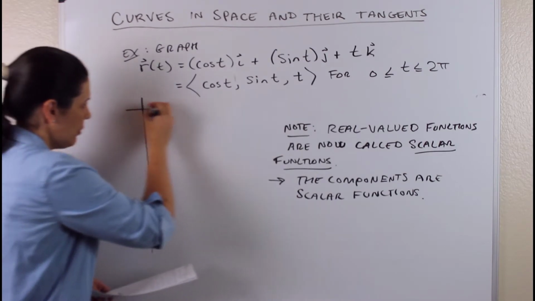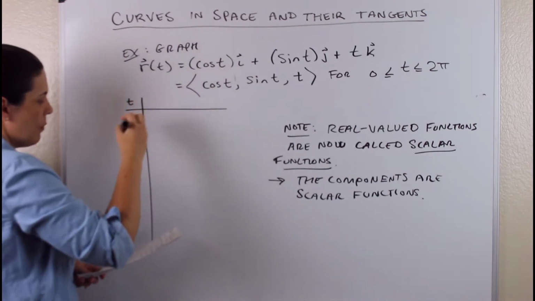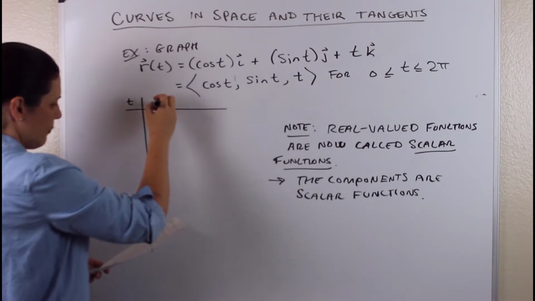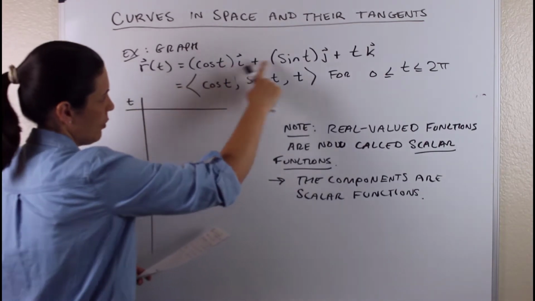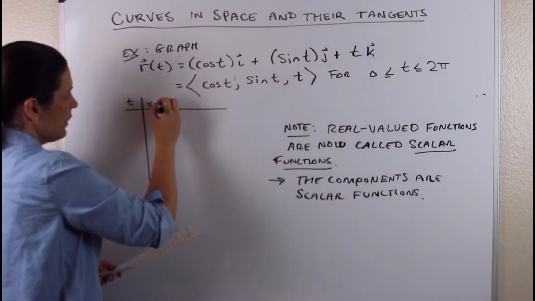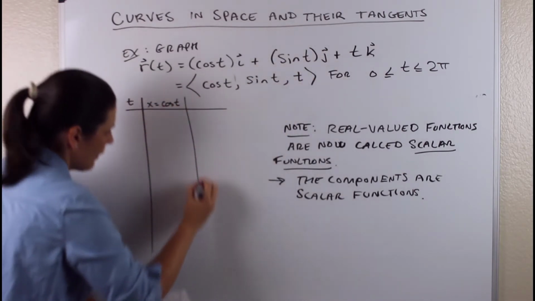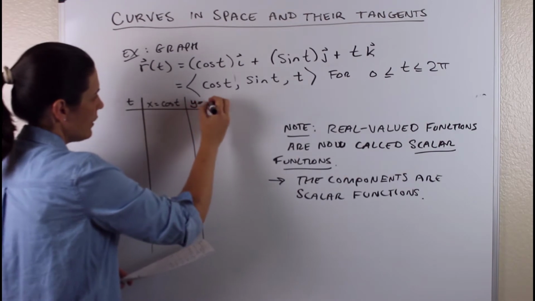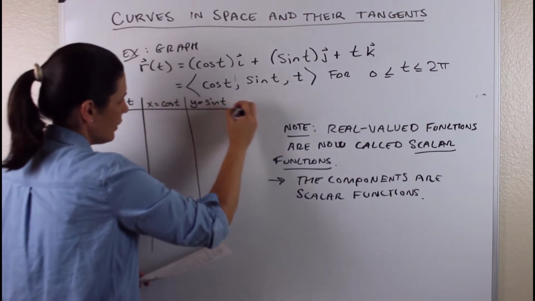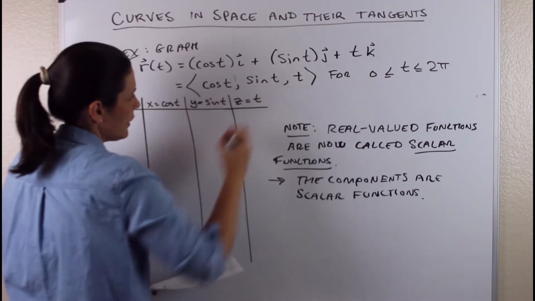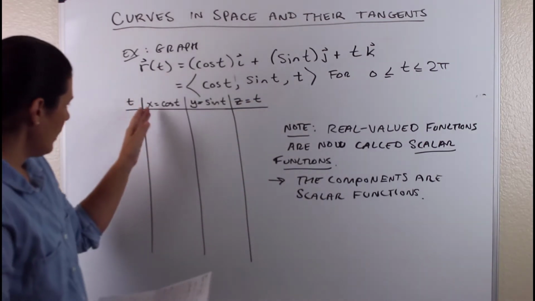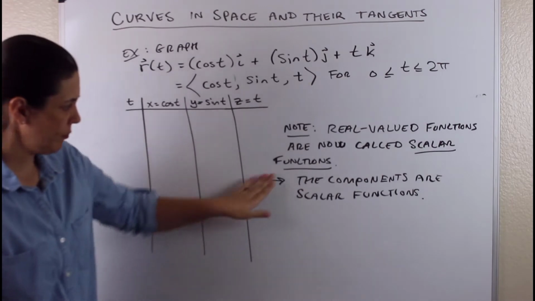I'm going to make a table where t is my input, but my output is x, y, z. You have to take the components here. So x is cosine t, y is sine t, and z is t. And so the points in space are (x, y, z).